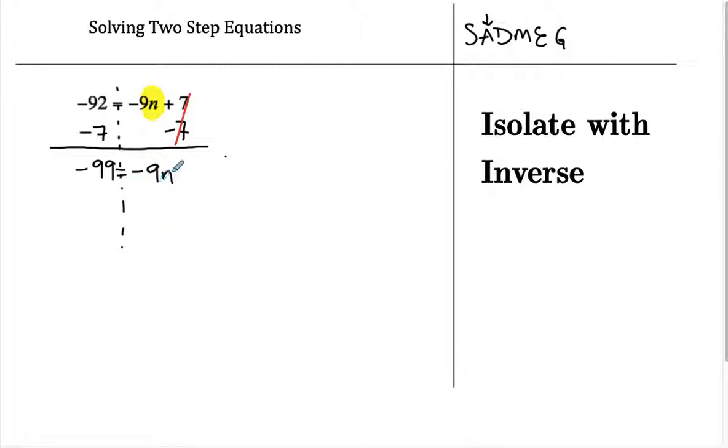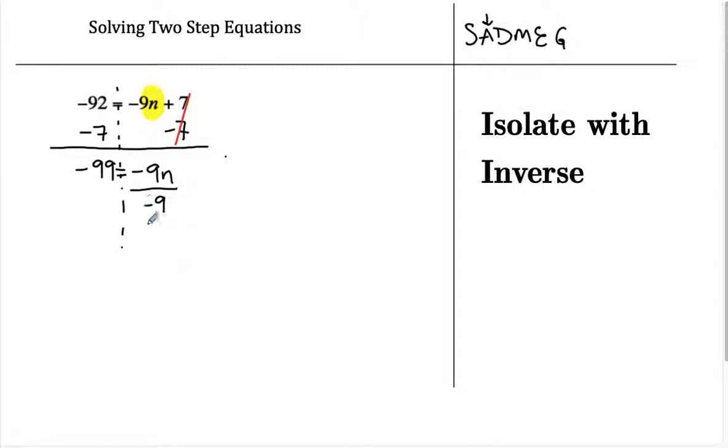Now this -9 is multiplying this n. So the inverse operation of multiplying is division. And I write division using a fraction bar. So I'm going to divide -9n by the number multiplying the n, which is -9.